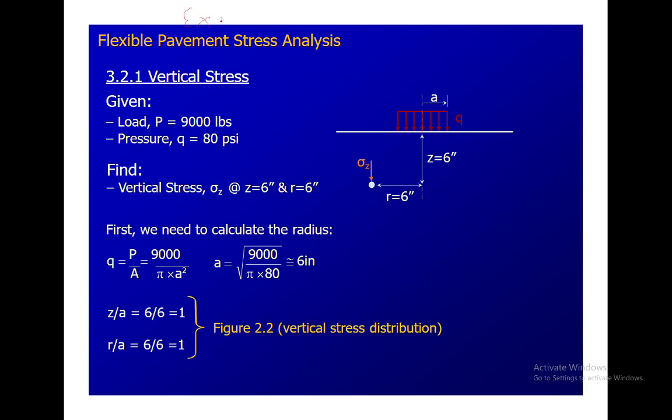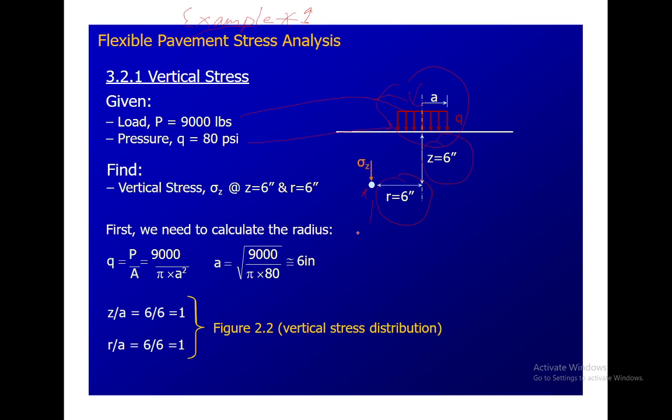As you can see here, the load is acting from the top. The circular loading is 9,000 pounds, and the pressure is around 80 psi. The depth is exactly 6 inches, while we want to determine R at 6 inches as well.